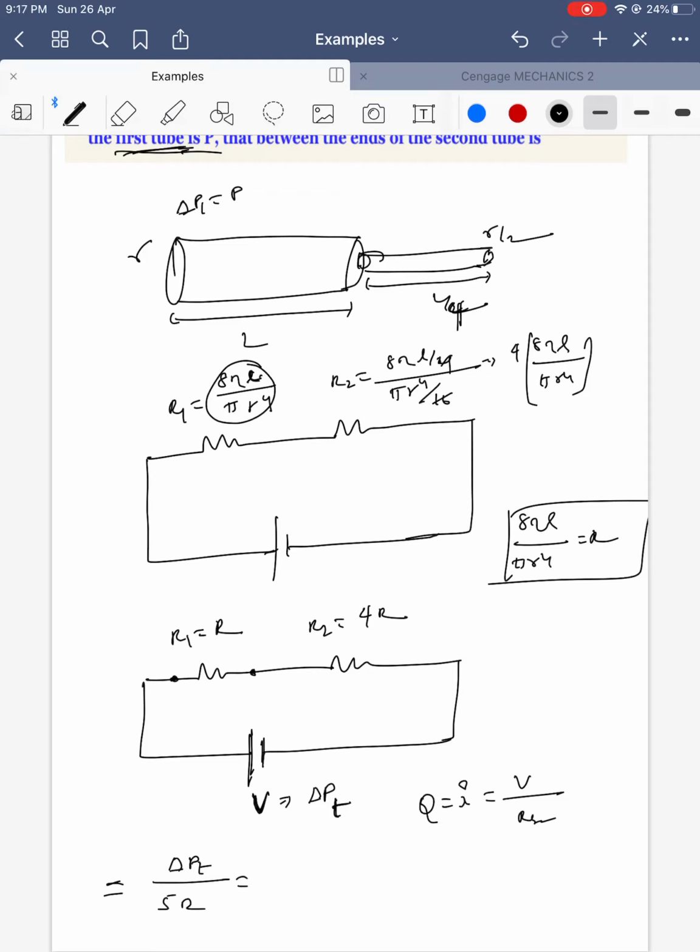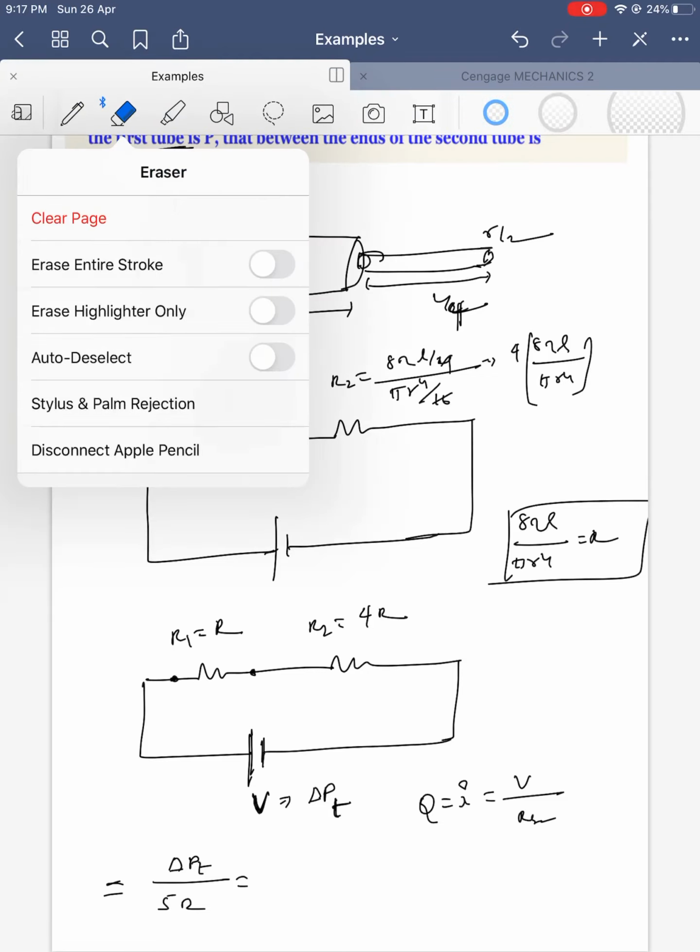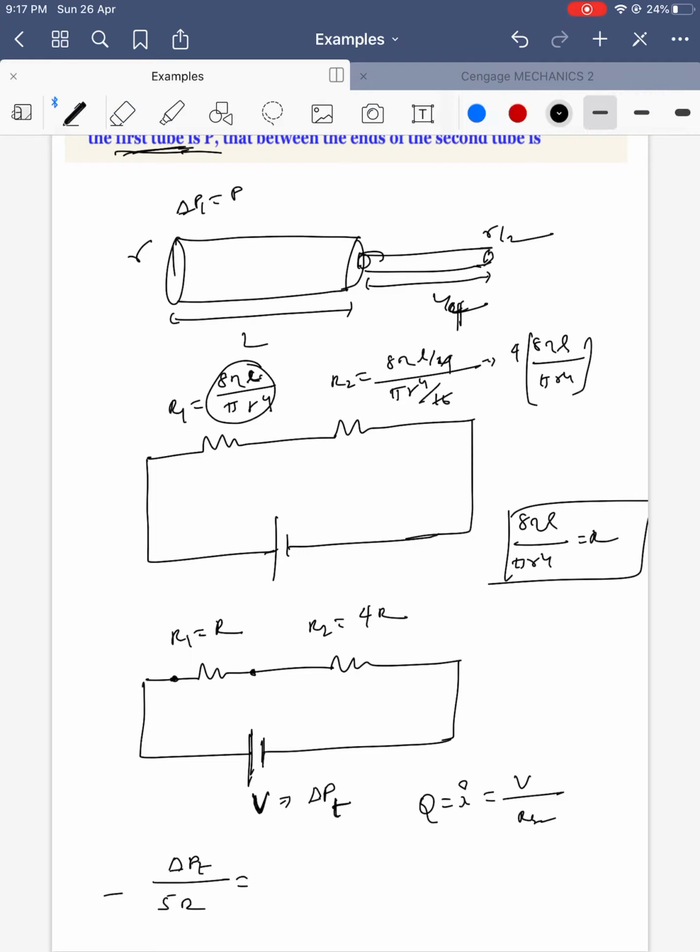This is the volumetric flow rate Q. Now to get the potential across R1, V1 is equal to I into R1.